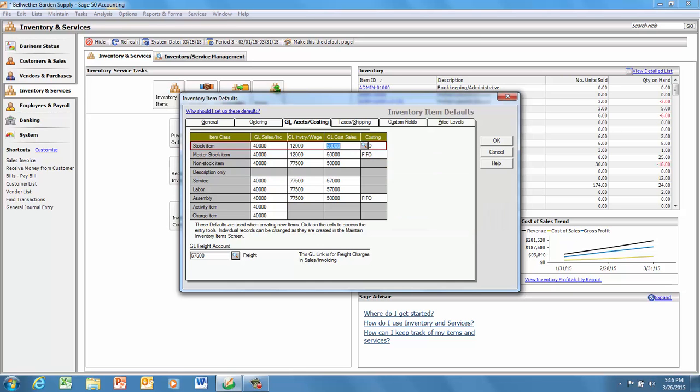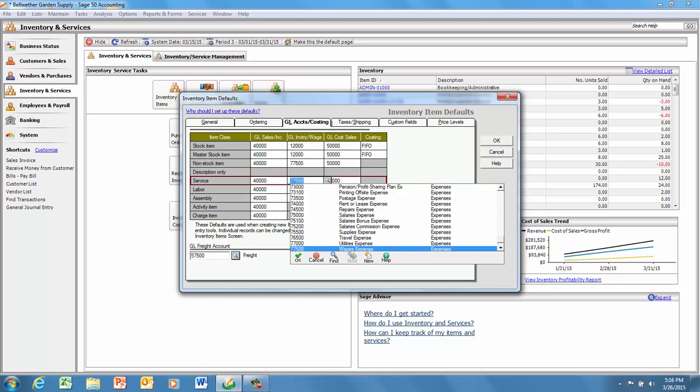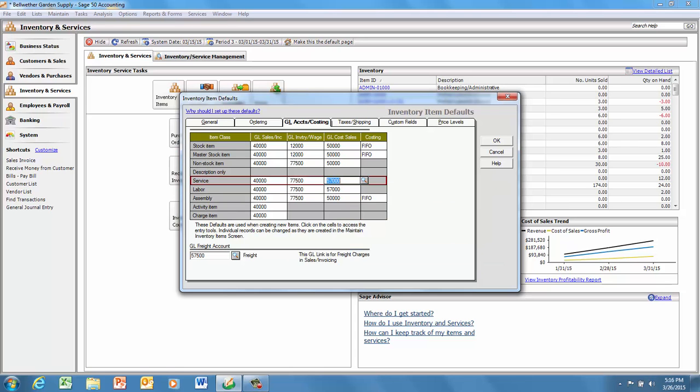But for some of these non-stock and service items, a service item is where one of our employees is, say, doing a lawn service for a customer. Well, so we're going to put the cost to us, which is wages to that employee to go do that lawn service. So the cost to us is going to go into wages expense instead of inventory.